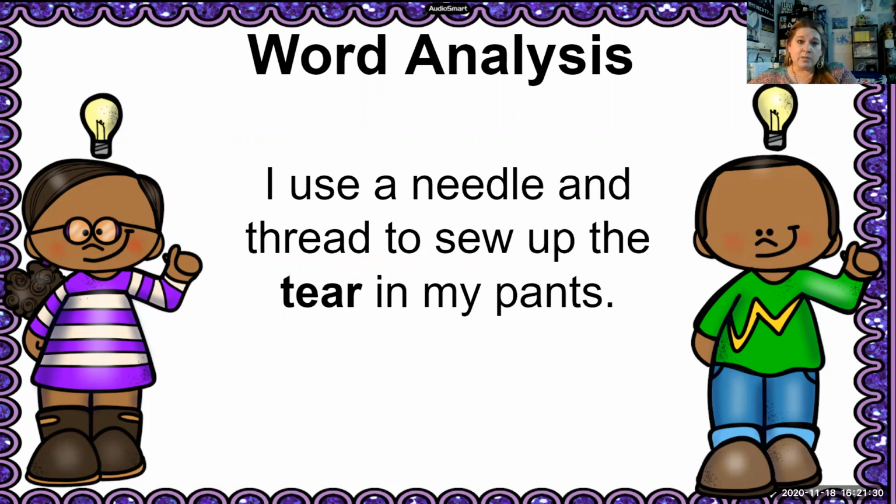What sounds do you hear? And how many sounds do you hear? That's another question. How many sounds and what are they in the word tear? I hear 3 sounds. I hear t, air. T, air. Good. So we have the 3 sounds for the word tear.